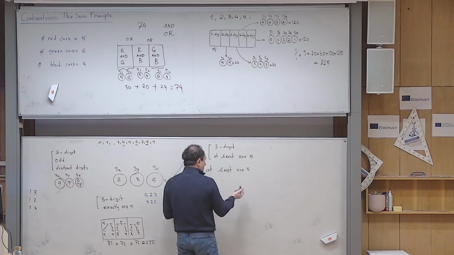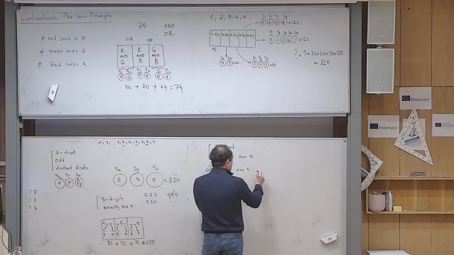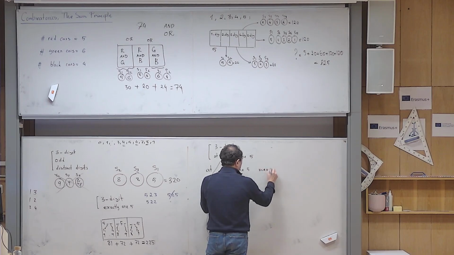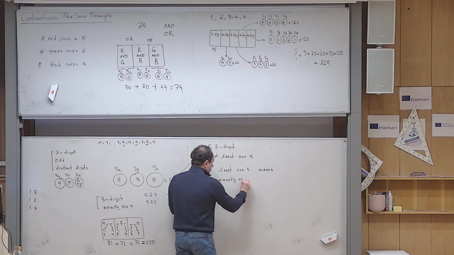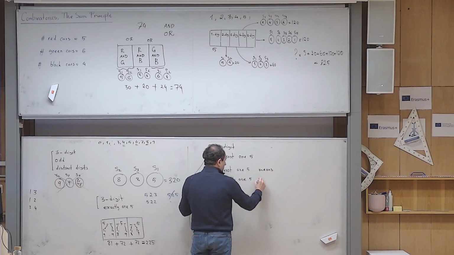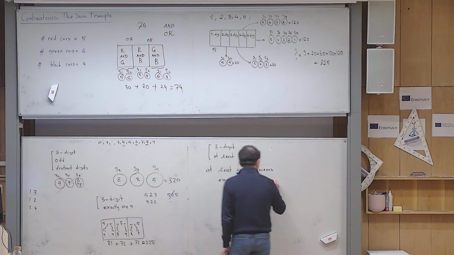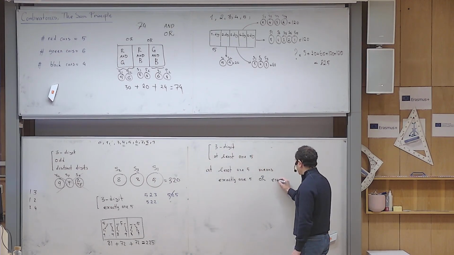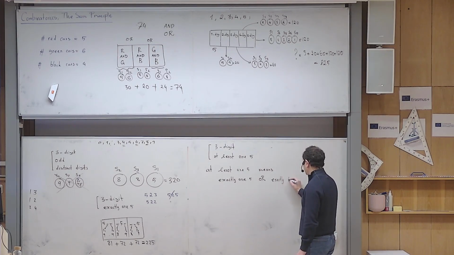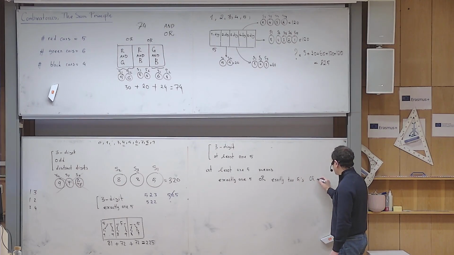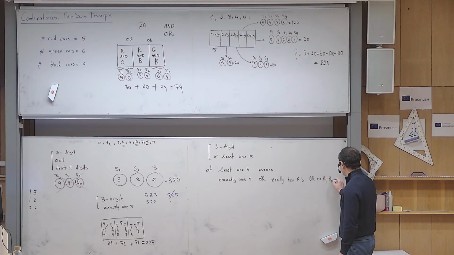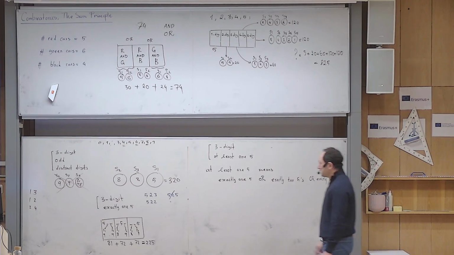I don't want to make it formal mathematics, but at least one 5 means exactly one 5, or exactly two 5s, or exactly three 5s. Yes. Okay, exactly one 5.